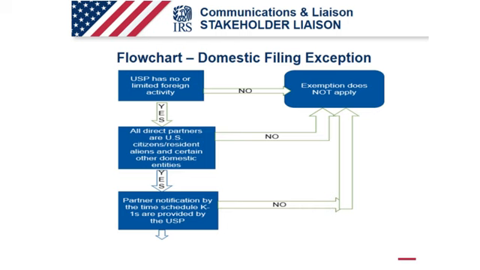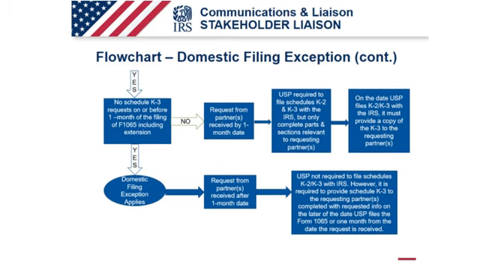The notification must state that the partnership, having met the first two criteria, will not provide the partner with a Schedule K-3 unless the partner makes a request for it. Similar requirements apply, of course, to the S corporation. Okay, let's continue on the next slide.